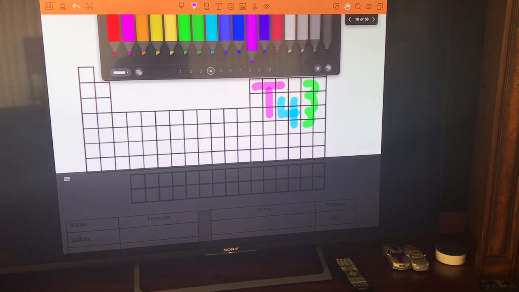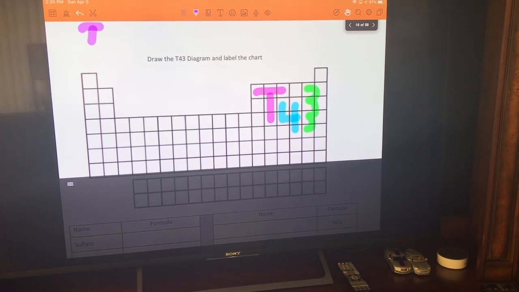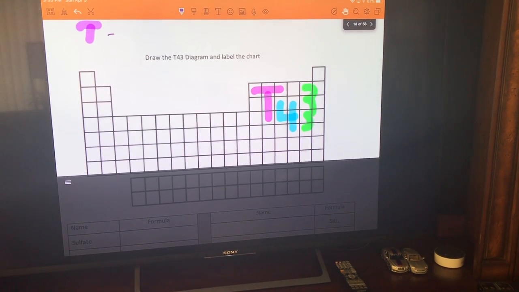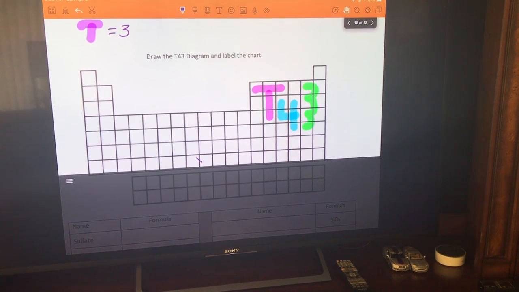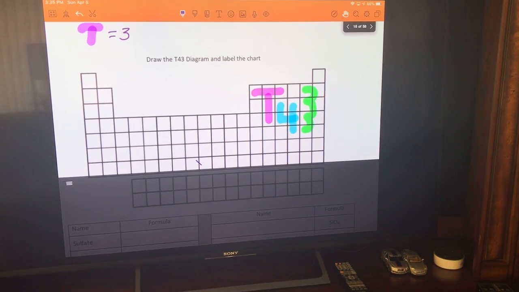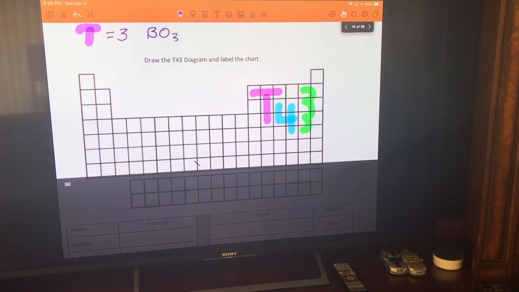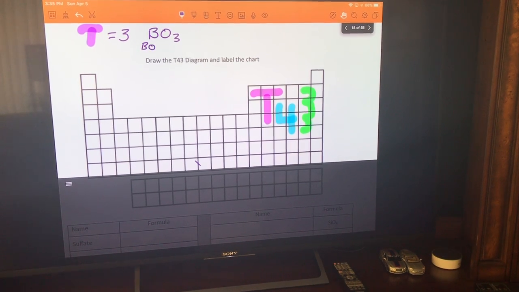So the T is going to stand for the number 3. And so for each of these elements, starting at the upper left with boron, there will be 3 oxygens. So borate, this is borate.